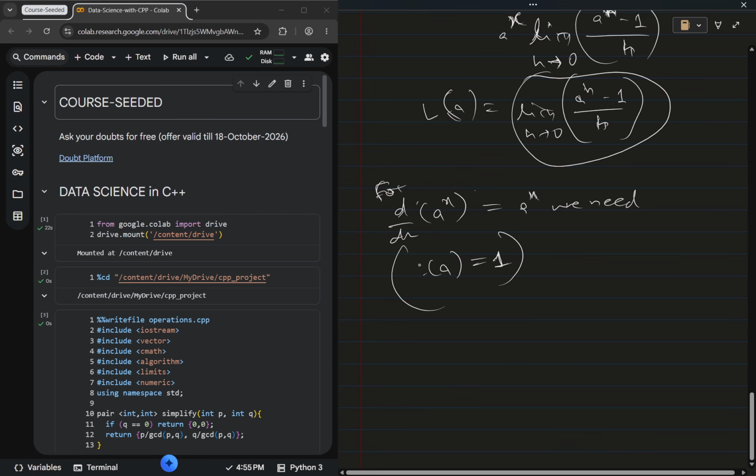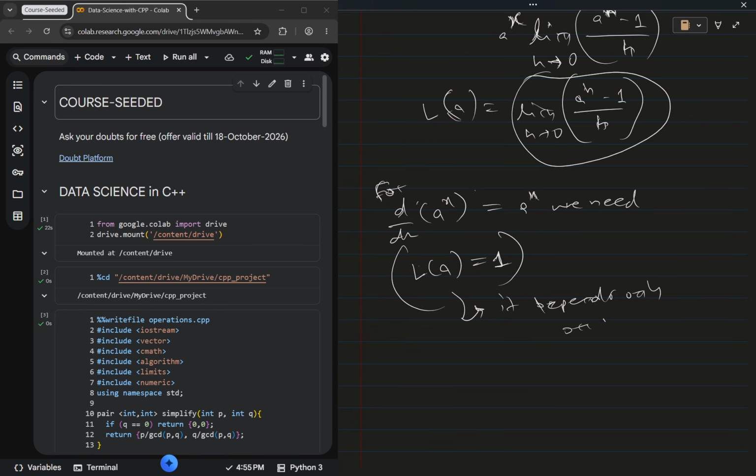So what does this mean? We need something that depends only on the base a, and that is independent of x.